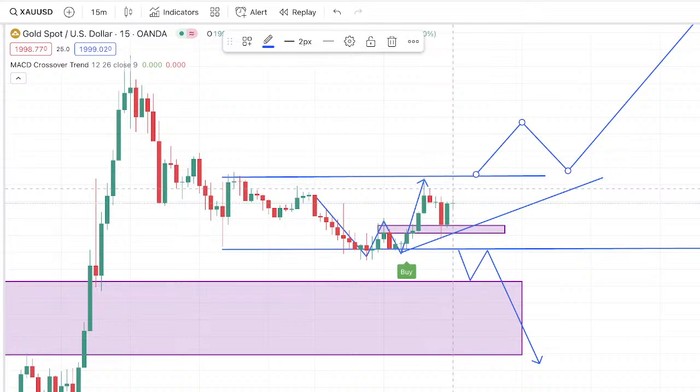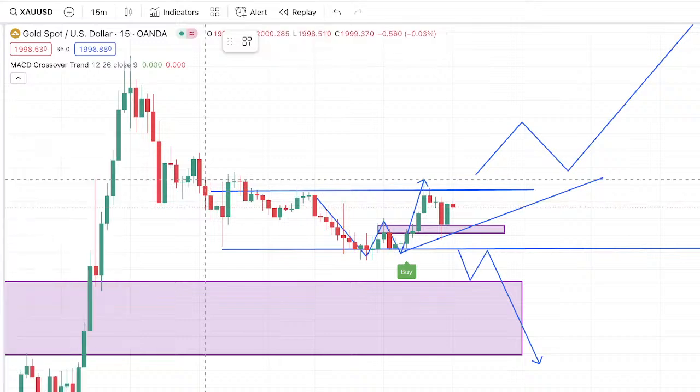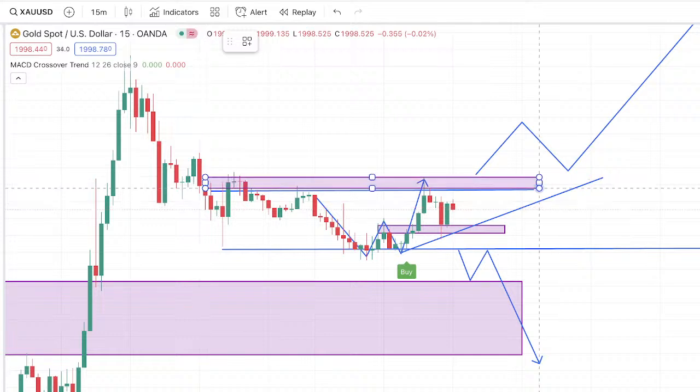I want to put it as a zone, because in trade we trade zones, we don't trade lines. There you go.